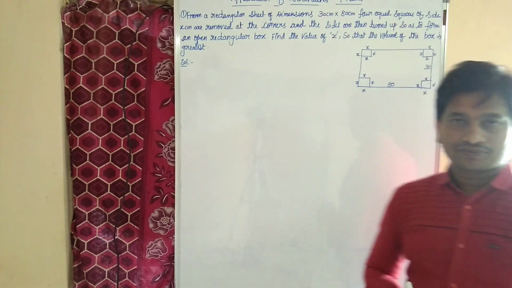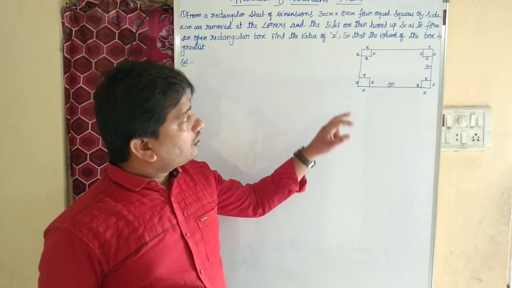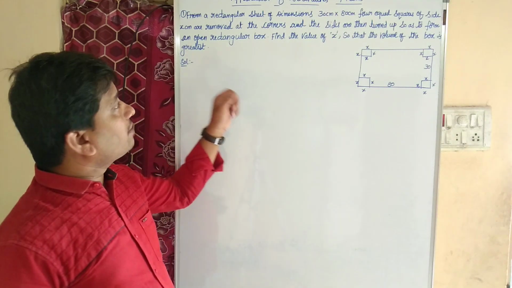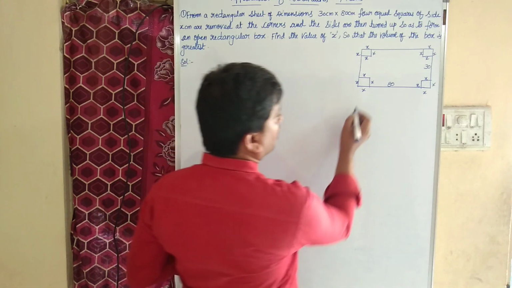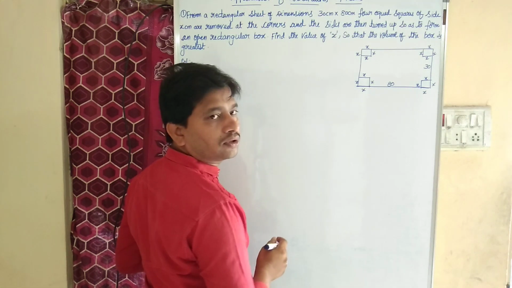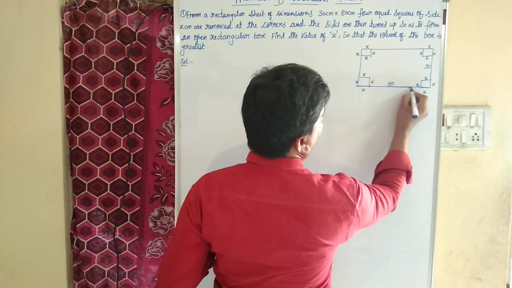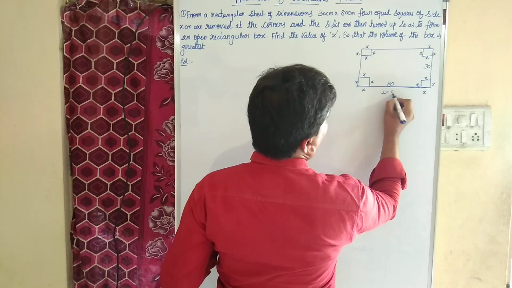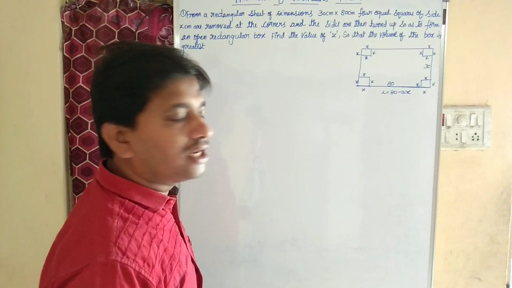Okay children. Now when we remove squares of side x cm at the corners, then see children, here we are removing x centimeter, here also we are removing x centimeter. So here x plus x, remaining part will be 80 minus 2x. Length is 80 minus 2x.